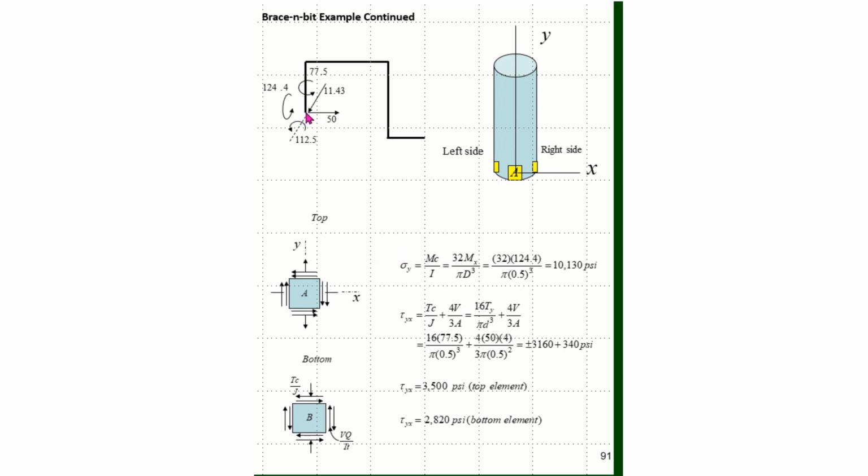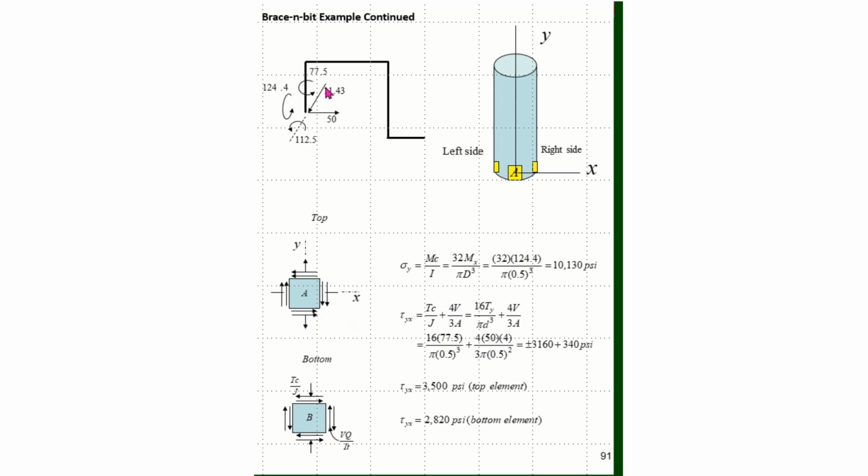So coming here and looking at the 50, I can see that that 50 is crossing through element A parallel along to this cut edge in this direction. So that's going to be a VQ over IT shear stress. Since I have a circular shaft, it's 4/3 V over A. So here's my 4/3 V over A, and the V is 50.